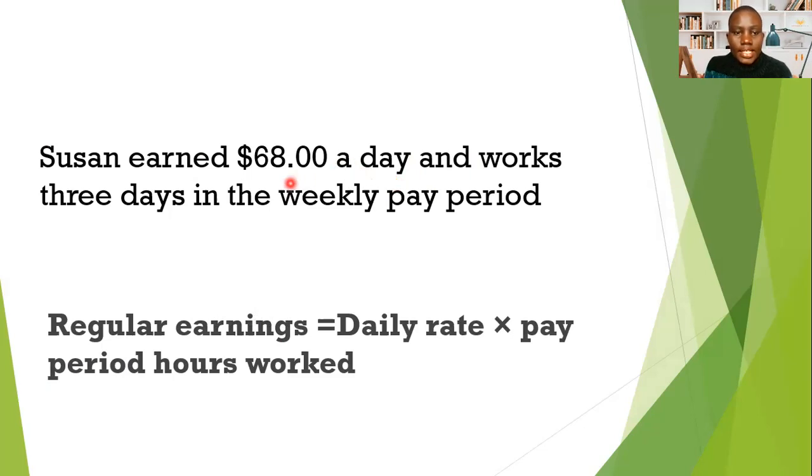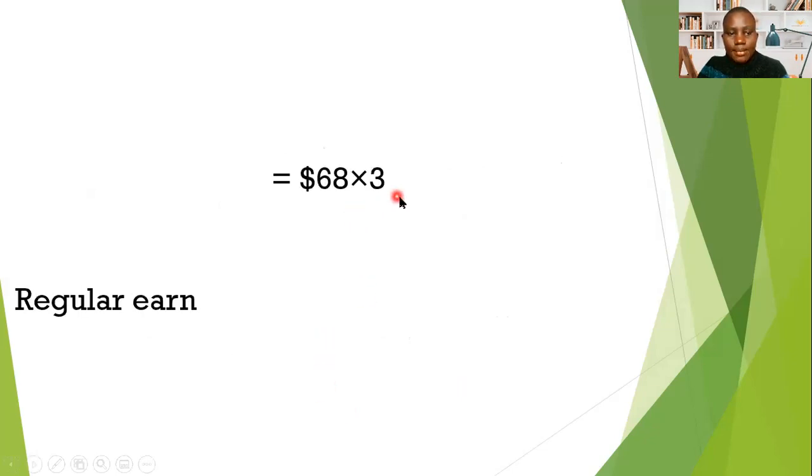Here they earn $68 a day and work 3 days in a weekly pay period. The thing will be the same: regular earnings will be the daily rate times the days that they work.